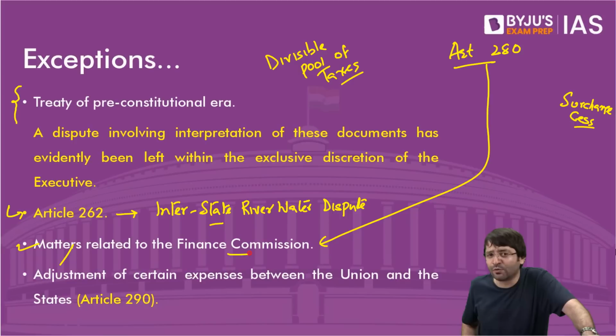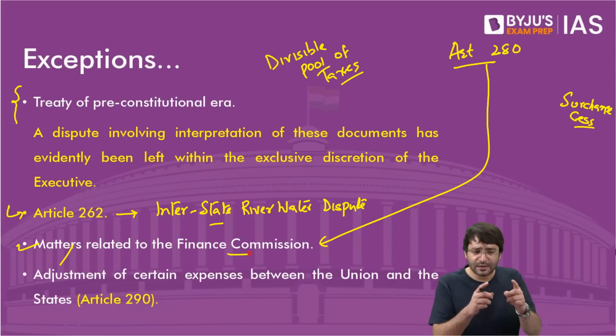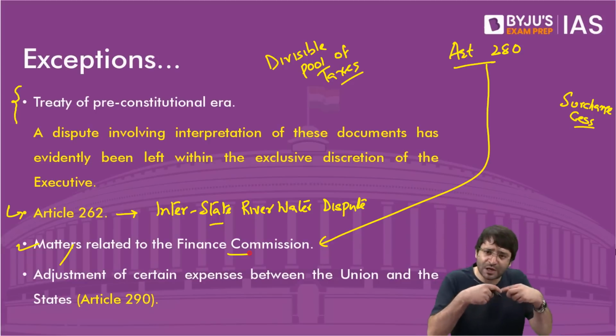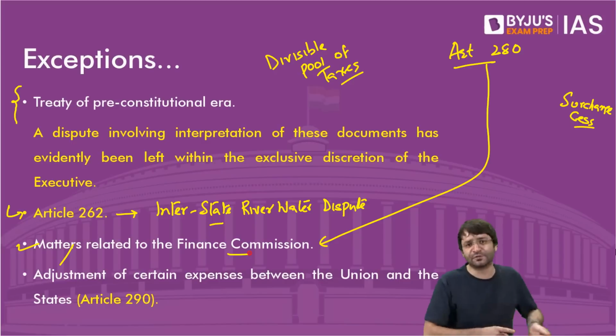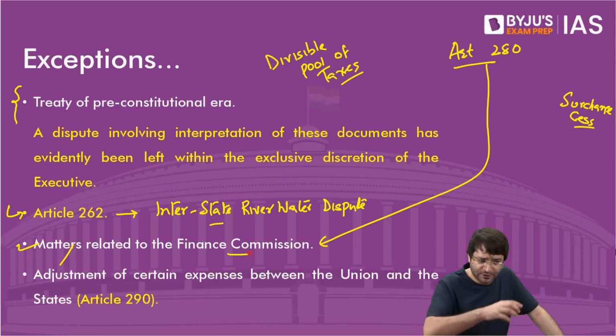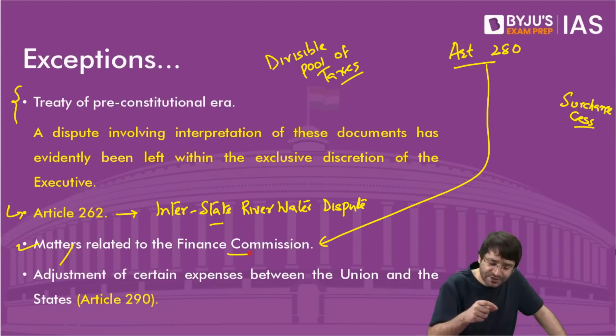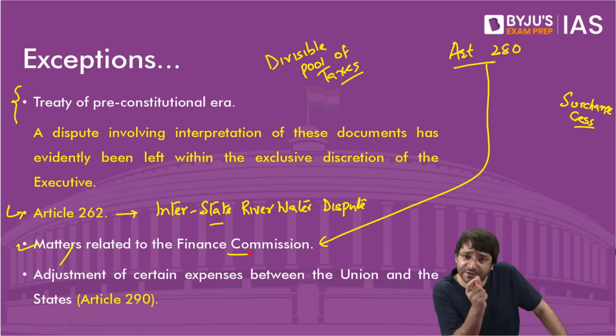Now, can tomorrow a state file a case before the Supreme Court that we don't agree with the award given by the Finance Commission? Why? When we have to conduct an election to the office of the President of India, for that we follow the proportional representation system? Yes. But that proportional representation system is based on the population figure?